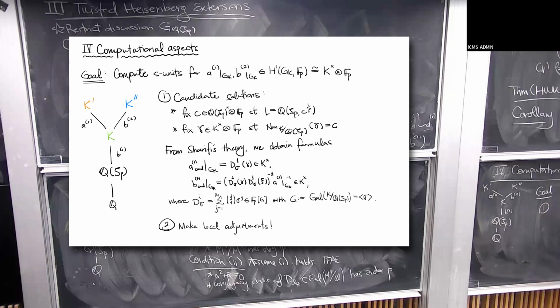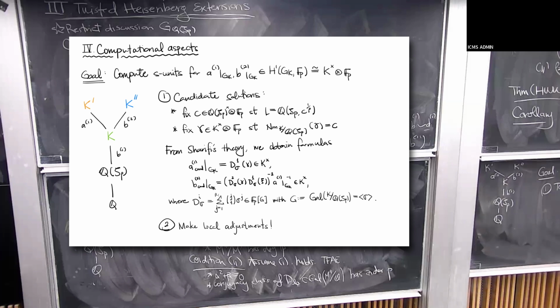So just to illustrate, to compute the candidate solutions, by this I just mean we're forgetting local conditions here. Well, we need to fix two elements. We need to fix a C inside Q(zeta_p), such that we can write L as Q(zeta_p) adjoin the p-th root of C. That way.